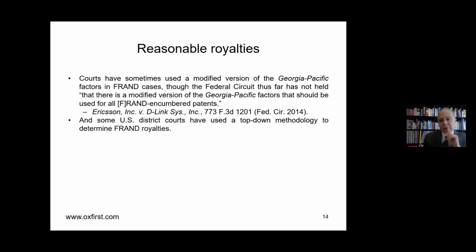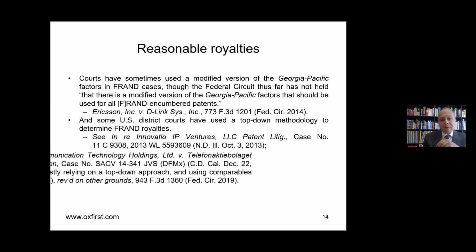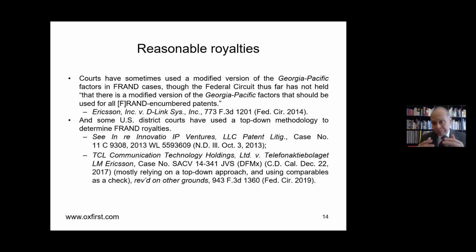Also, I will note that some U.S. district courts, like some courts in other countries, have also on occasion used the so-called top-down methodology to determine FRAND royalties. That would involve trying to determine the aggregate royalty burden that is attributable to a particular standard as applied to a particular type of product, and then try to figure out somehow or another what portion of that aggregate royalty burden is owed to the patent owner.